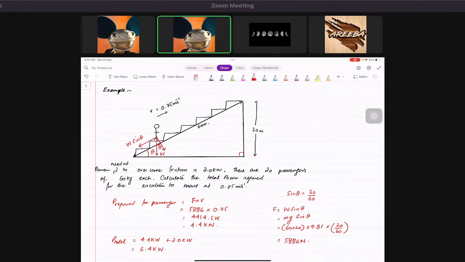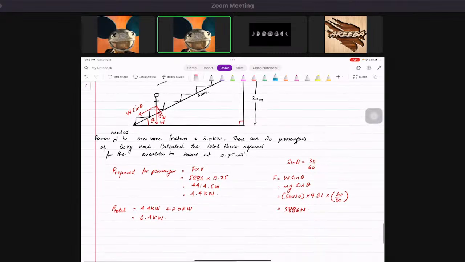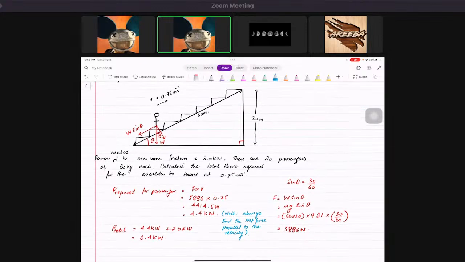Okay. I'm going to write a note here for this one. Always find the net force parallel to the velocity. It's important.